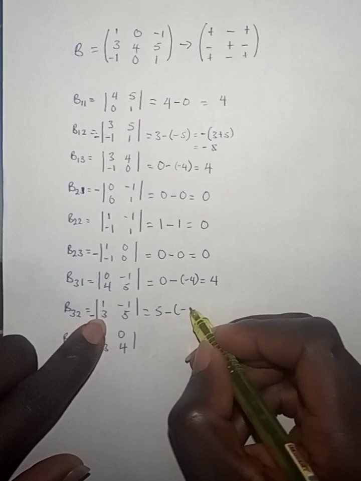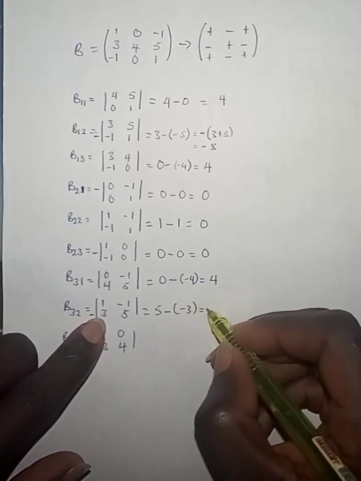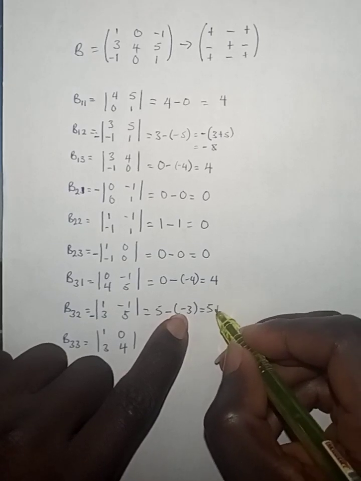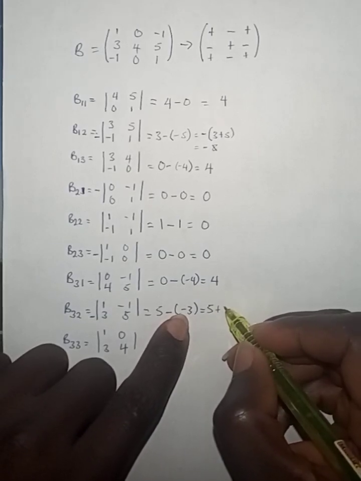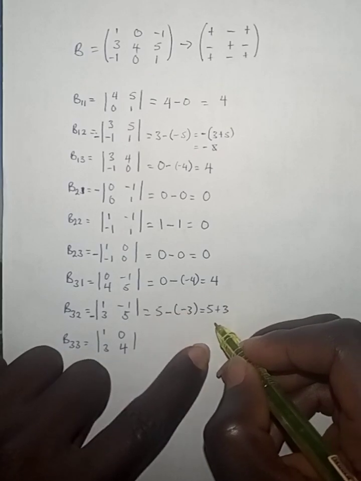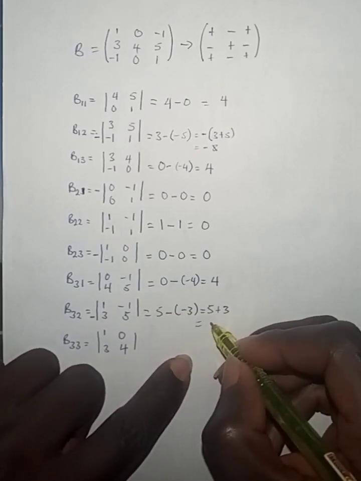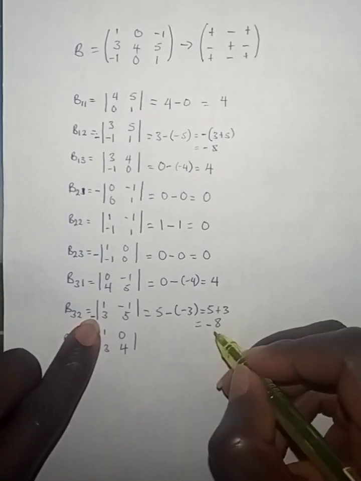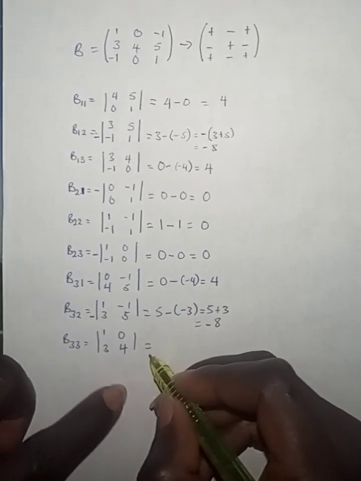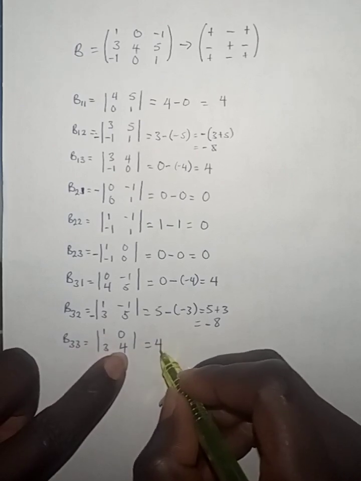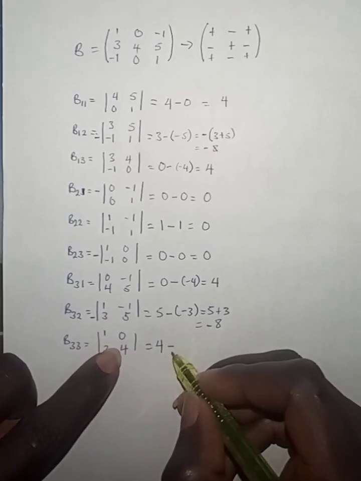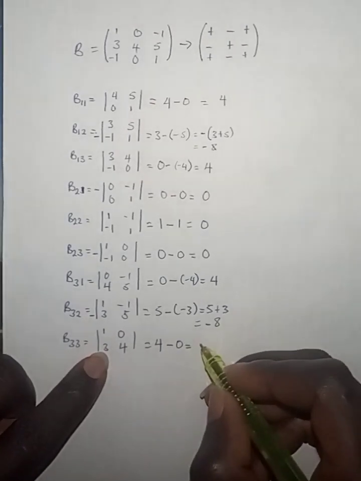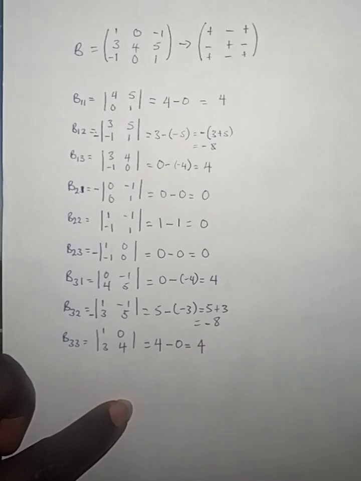Minus 1 times 3 is minus 3. 5 minus times minus is plus, which is plus 3, which is equal to 8. Then the sign here is minus, which is going to be minus 8. 1 times 4 is 4. Minus 0 times 3 is 0, which is going to be 4.